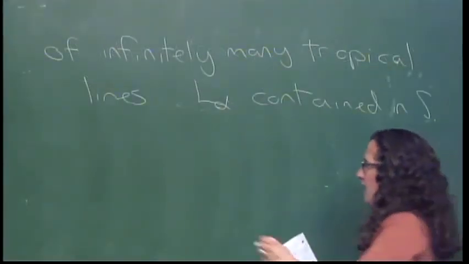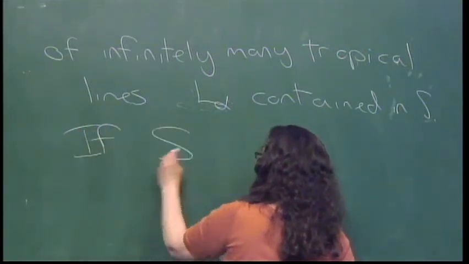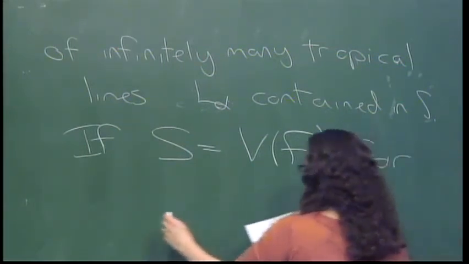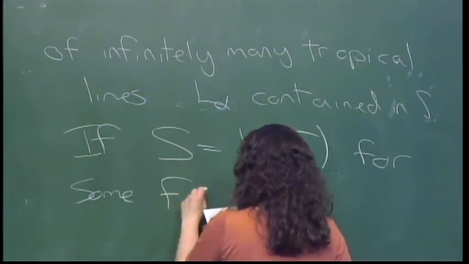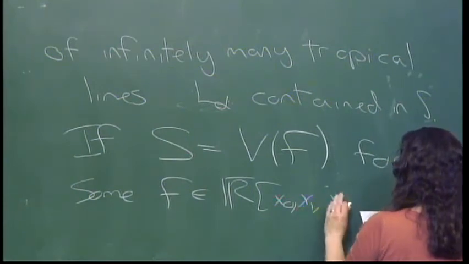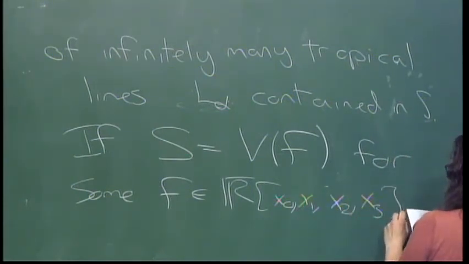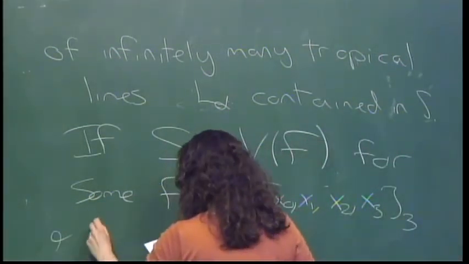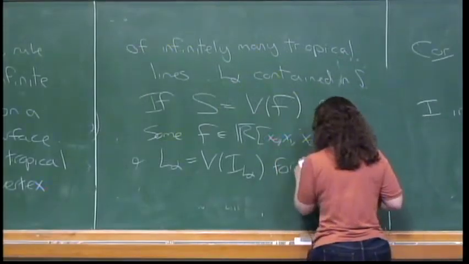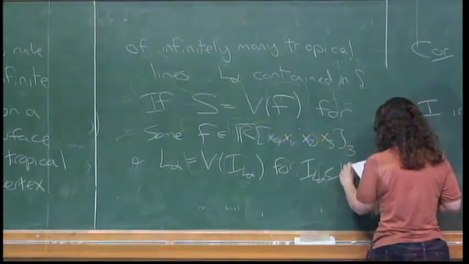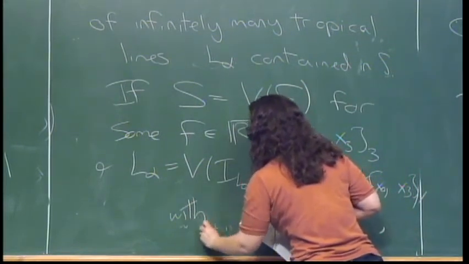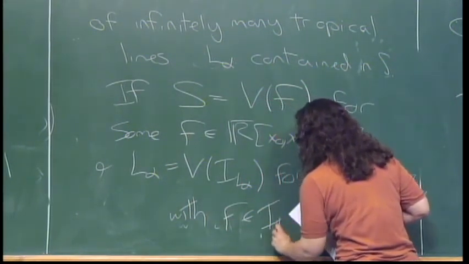The approach is to say, if S is the variety of F for some F in R bar adjoin x0 up to x3, in degree 3, and L alpha is the variety of I alpha for I of L alpha contained in x0 up to x3, we'd better have F in I of L alpha.